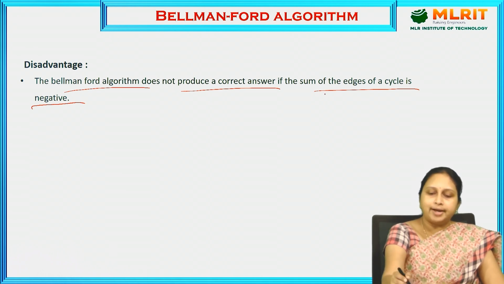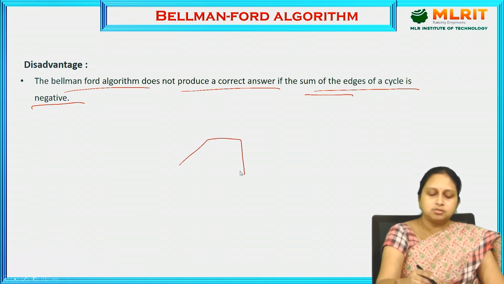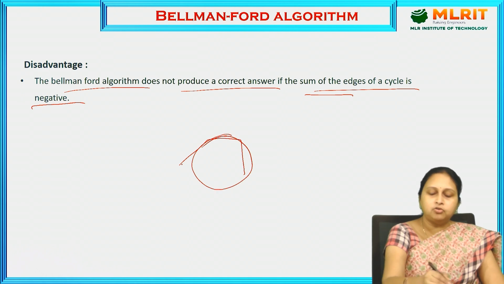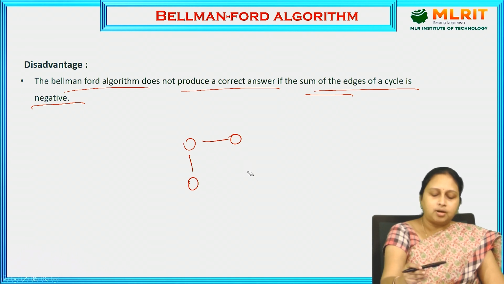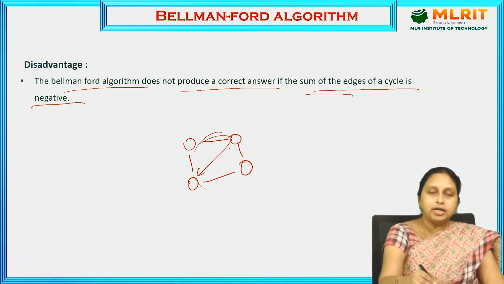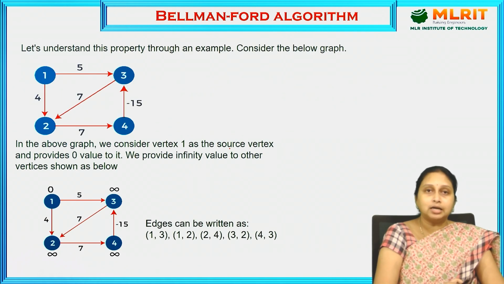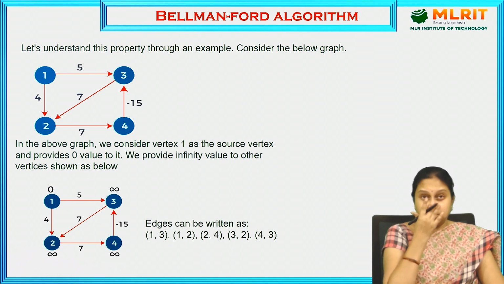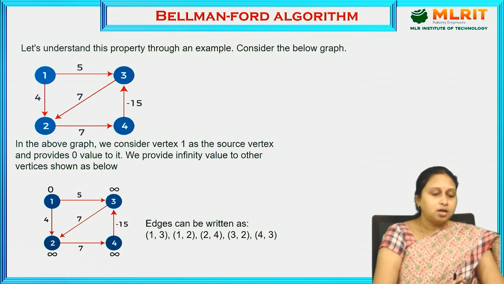If I have a graph like this and it forms a cycle, because the sum of edges of the cycle is negative, it is not going to give you the correct answer. Okay, let us understand this property, how the disadvantage is going to be shown here.